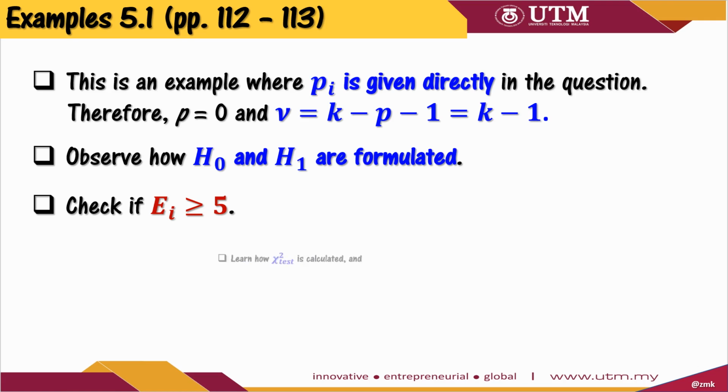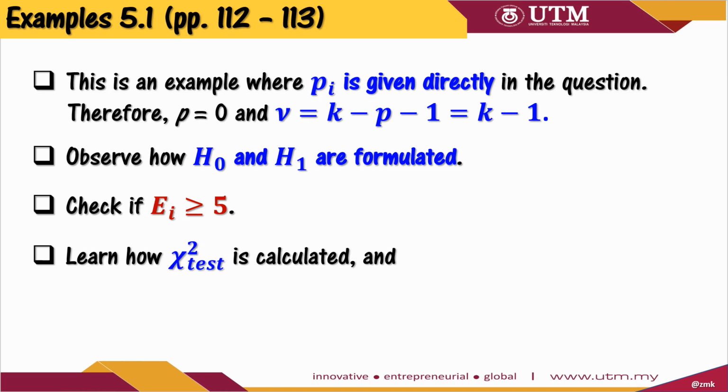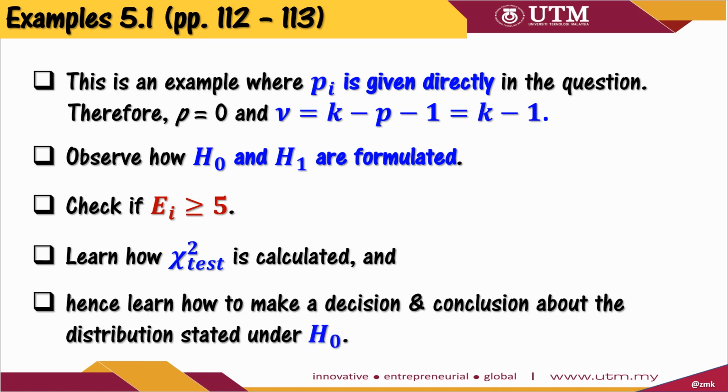You may also learn how to calculate the chi-square test statistic using the same approach as we did in the fair dice example. And finally, you can learn how to make a decision and conclusion on the claim that the proportions of road accidents follow the stated proportions or distribution under H0.